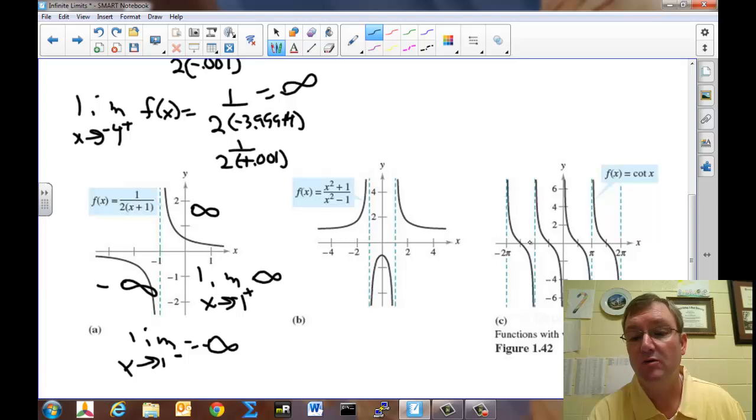And with this final graph here, you can see that's the one we were dealing with. The cotangent is approaching positive infinity on the right side of each of those. It's approaching negative infinity on the left side of each of those. So the limit itself does not exist. These graphs just go with the problems that we had up at the top of the page, giving you graphically what it would look like.